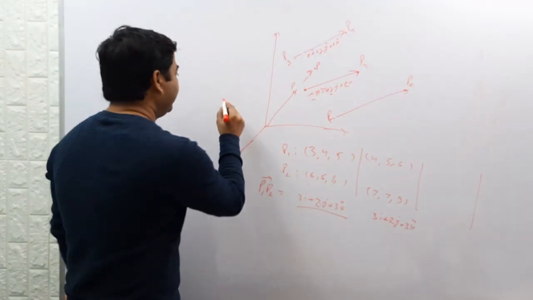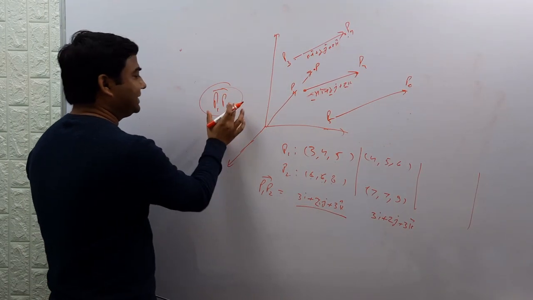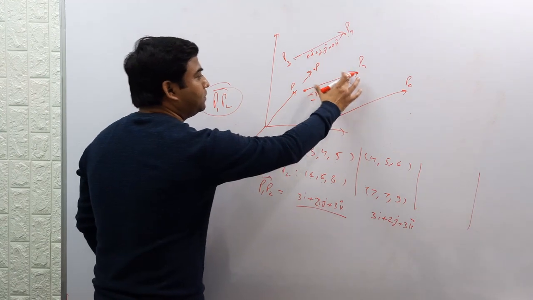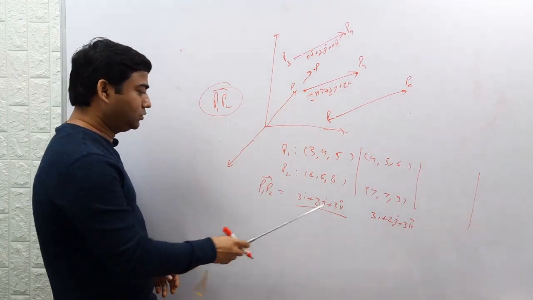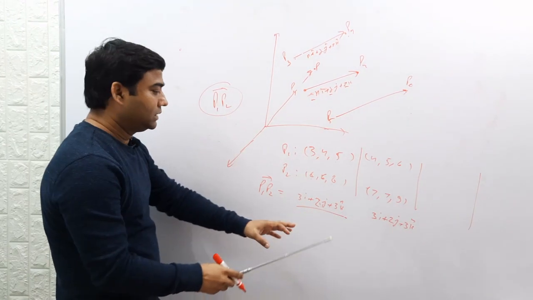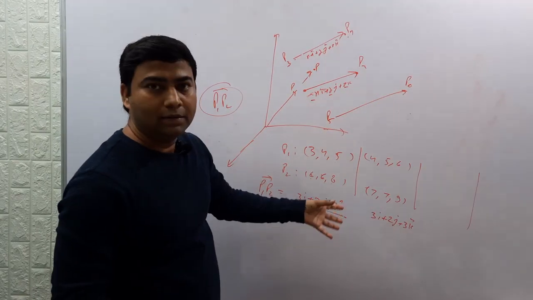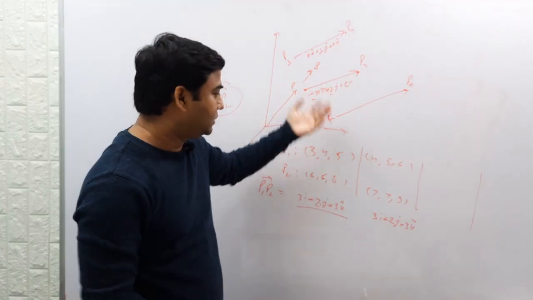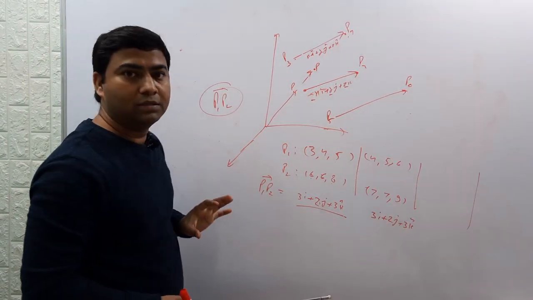So once you find a vector P1P2 by calculation, don't think it is stuck at this place only. It is a free vector. It can be represented anywhere in space by selecting a suitable pair of points.